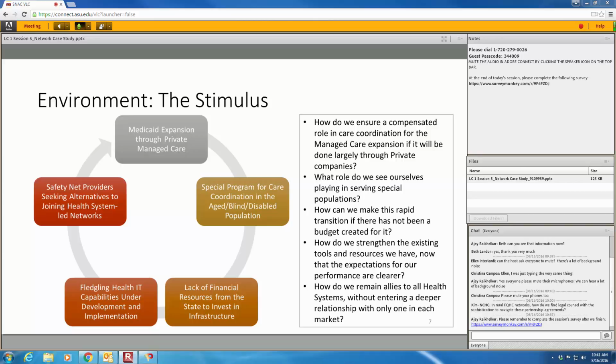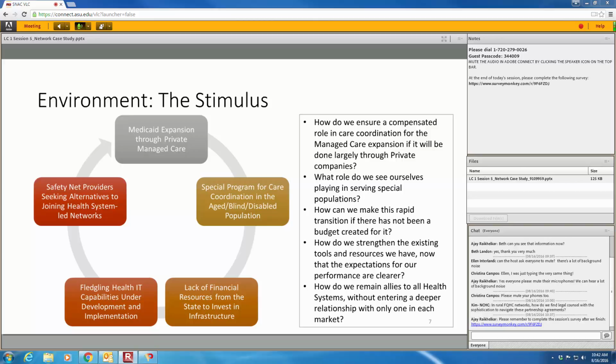One example is a very early one in the Massachusetts market, particularly around Boston, where an organization known as Steward Healthcare frankly didn't exist 10 years ago, and really rose to prominence and became a major player in Medicare, Medicaid, and commercial insurance because they saw the expansion of Medicaid as a huge financial opportunity.